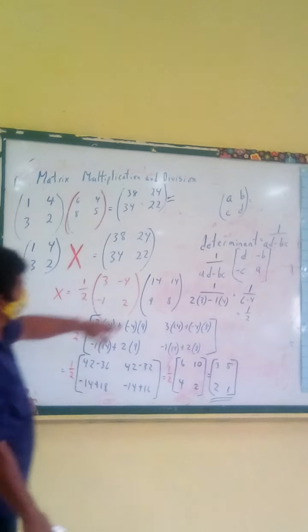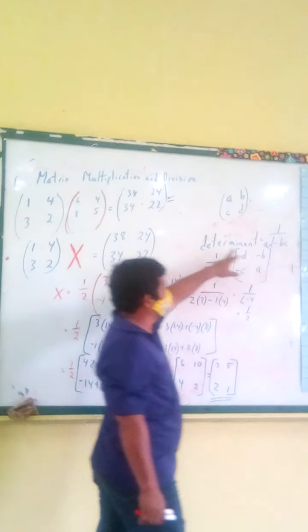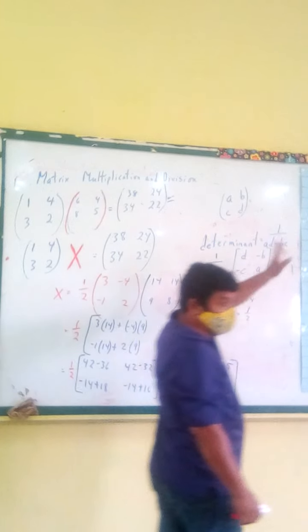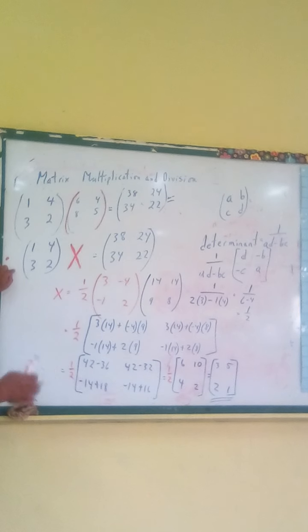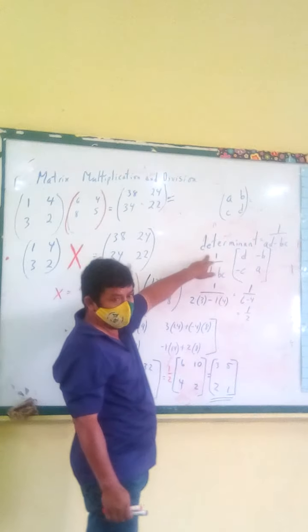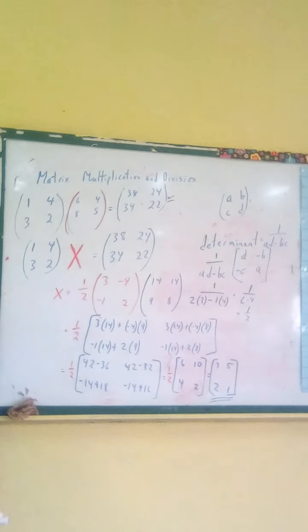Remember also, the answer for the determinant, this is all you need to give, nothing more. That's the determinant. They can throw the question like this: what's the determinant? The reason you do it this way is that if they give a problem like this and ask for the determinant, they want to make sure you did the determinant first of all. And then they're going to ask you what's the inverse of this matrix.